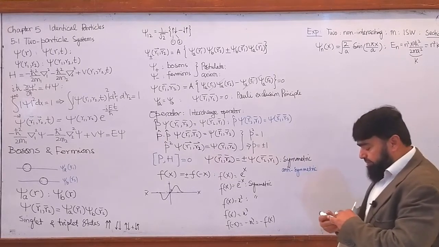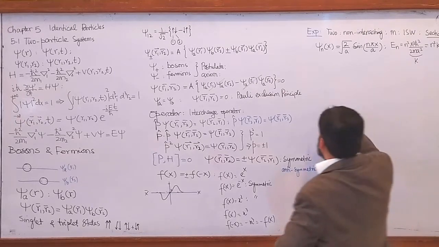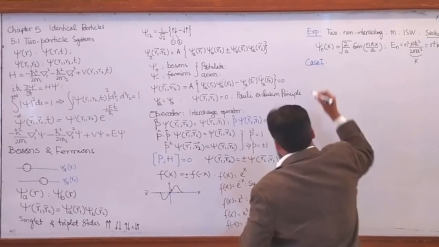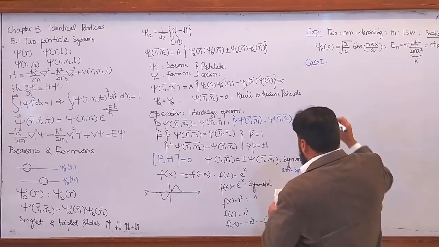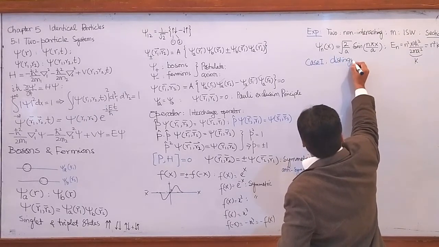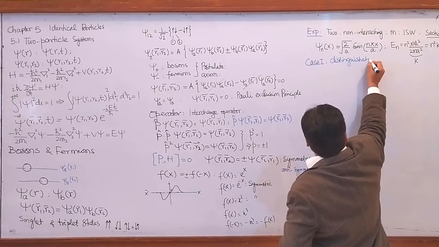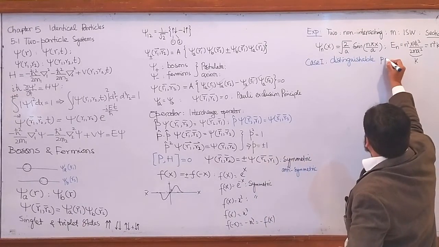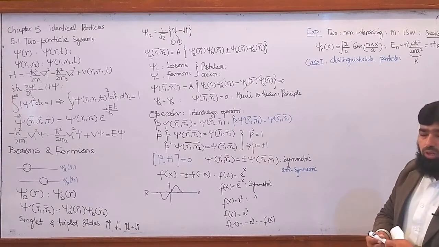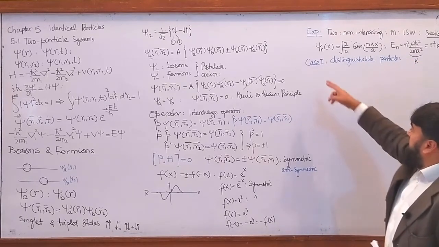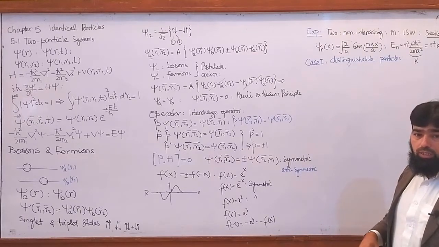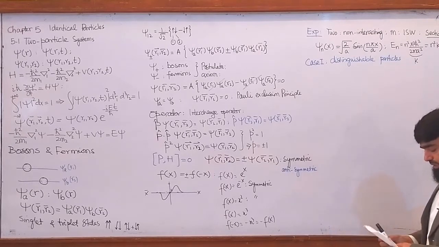So the very first will be case 1, and case 1 is when these particles are distinguishable particles. When these particles are distinguishable, then what will happen? And in case 2, we will discuss when they are indistinguishable or identical particles.